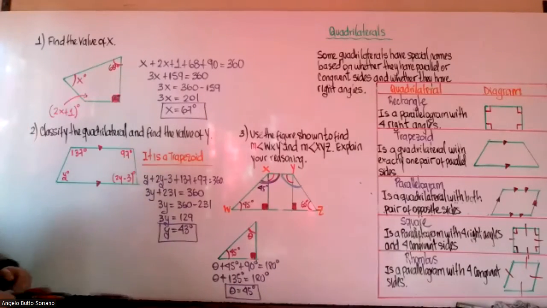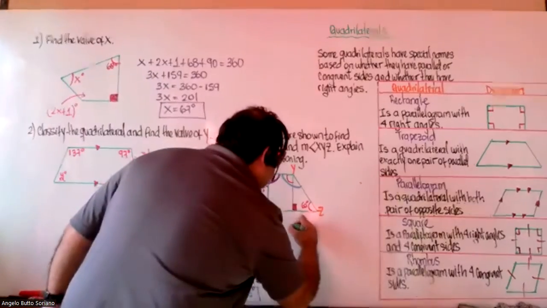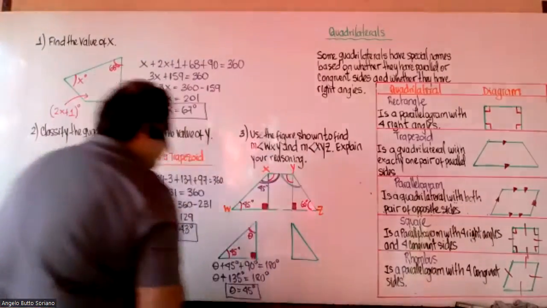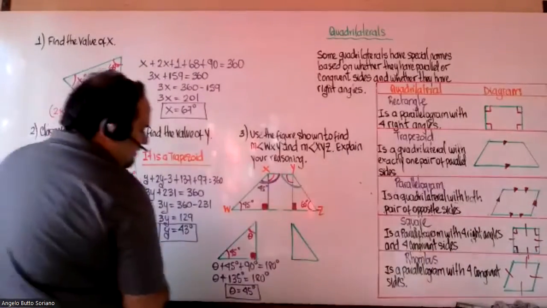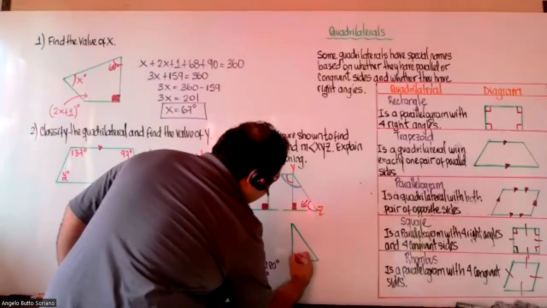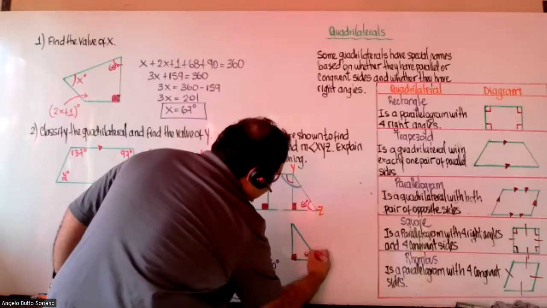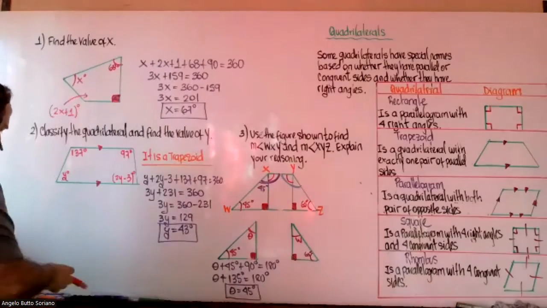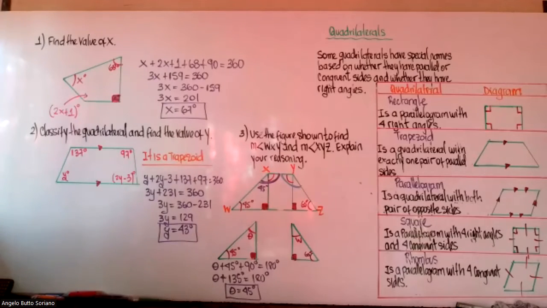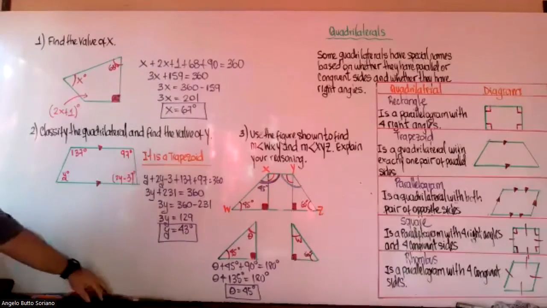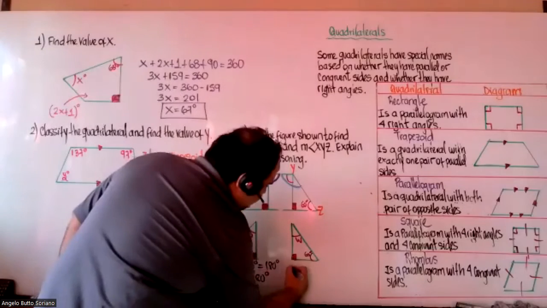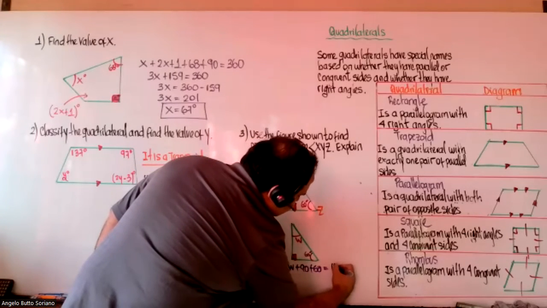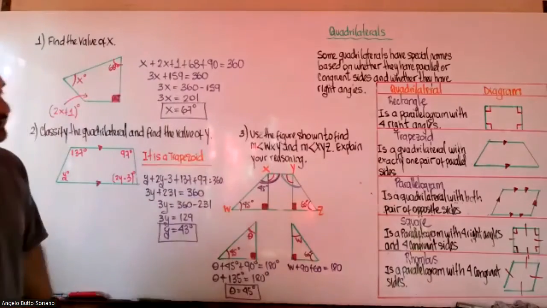By the other hand, we can draw the second triangle. We have 90 degrees over here. We have 60 degrees. We can call this one W. And we can apply also the same theorem. I mean, W plus 90 plus 60 equals 180.